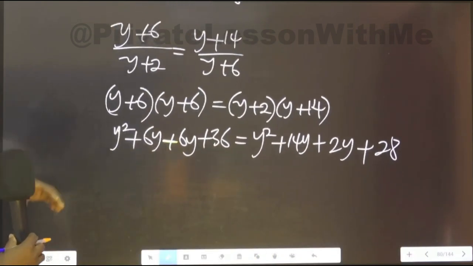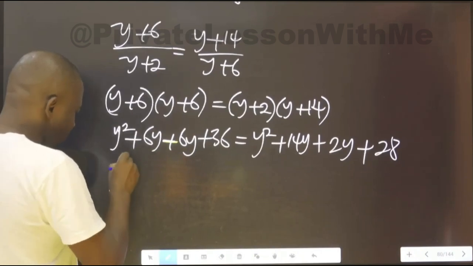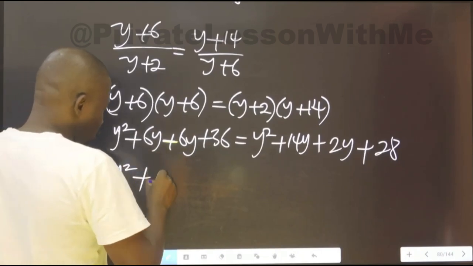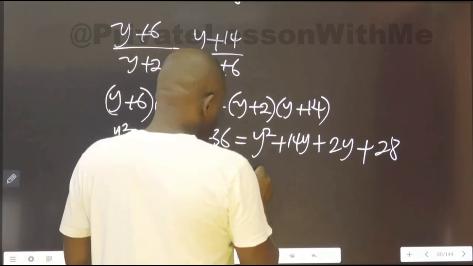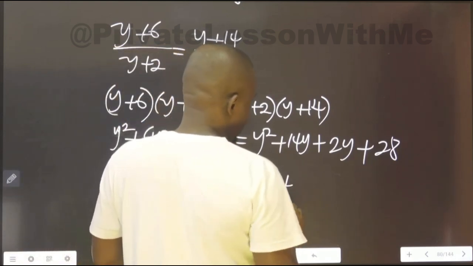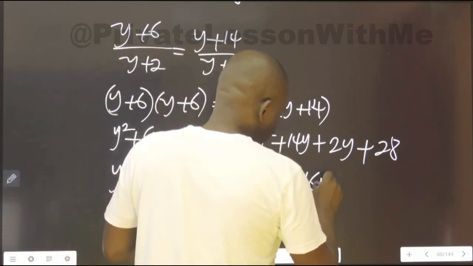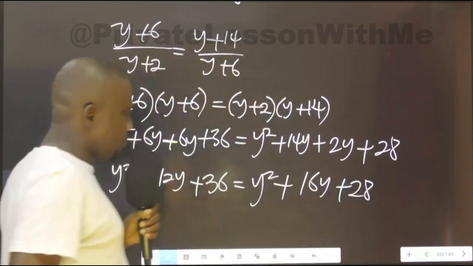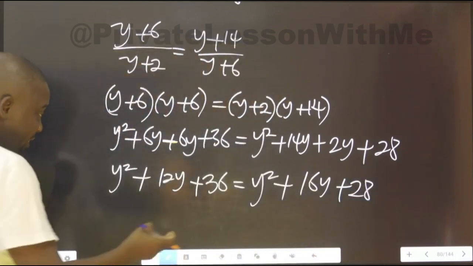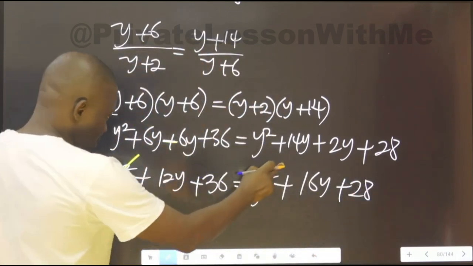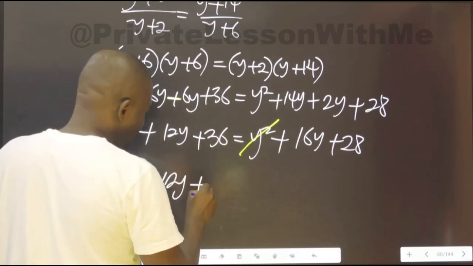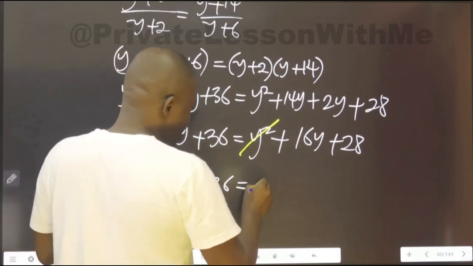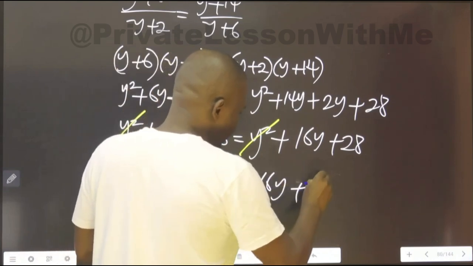This will give us y squared plus 12y plus 36 equal to y squared plus 16y plus 28. You agree with me that if I move this to this side, this and this will just strike out, to have 12y plus 36 equals to 16y plus 28.